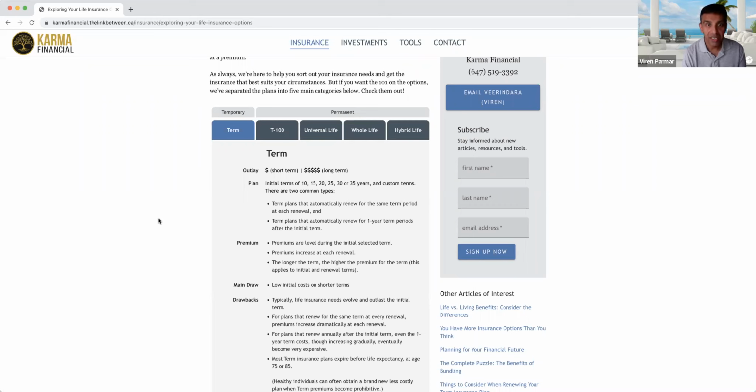Typically, they are index funds linked to the market, and it would be based on your investment profile that you determine when you initially apply. With whole life, the insurance company takes on the burden of managing the investments on your behalf to ensure that you are getting the targeted death benefit amount that you chose at the time of application.